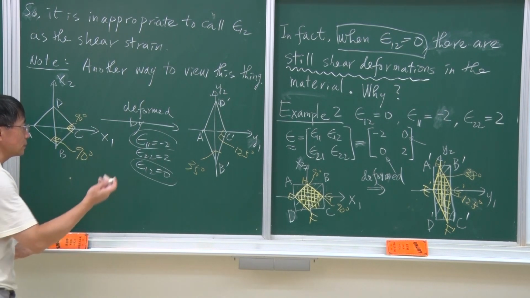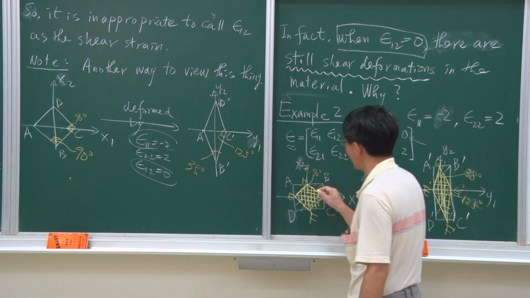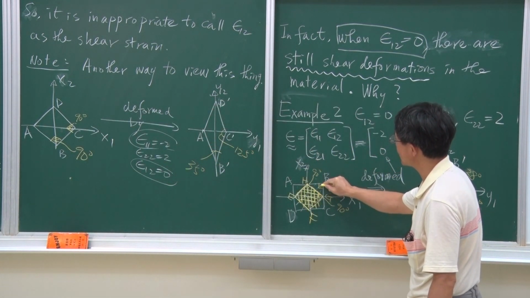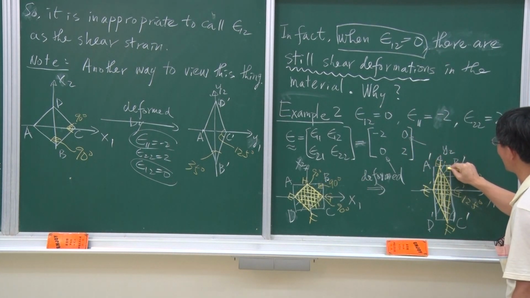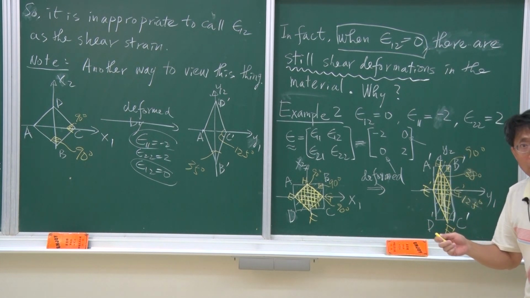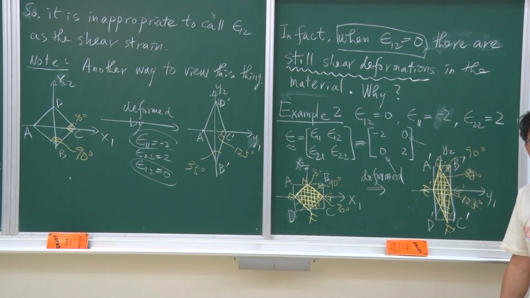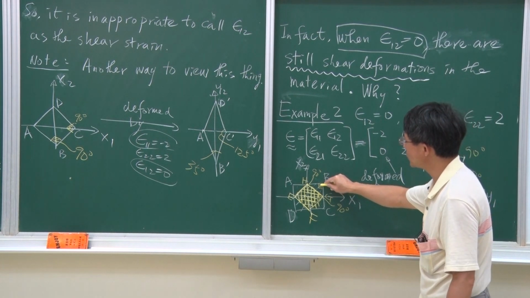What I want to say is, if you look at the material here, it is 90 degrees. So we still have 90 degrees here. We still have no shear deformation. Then you are wrong. Understand? Don't put it in this way. This way is a wrong way to illustrate the idea.